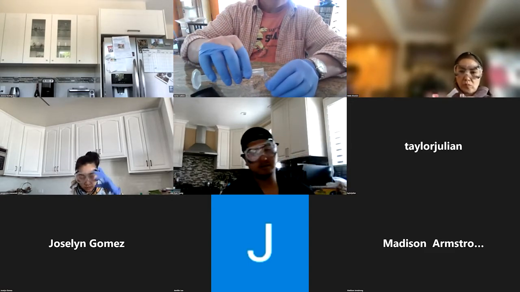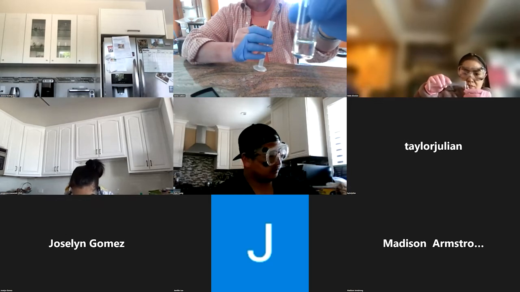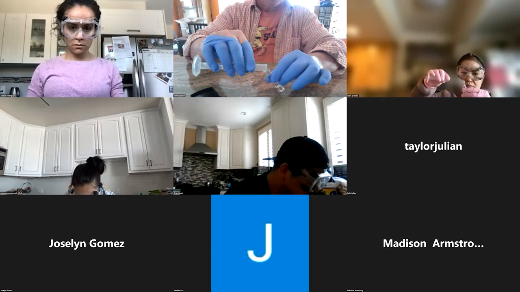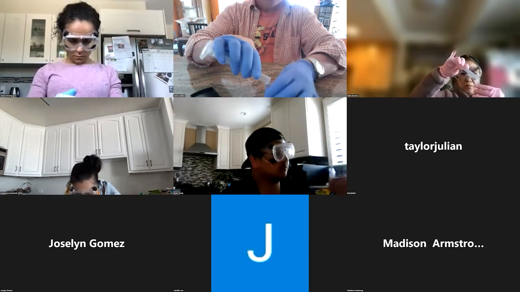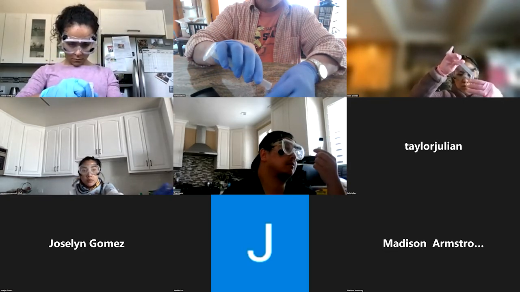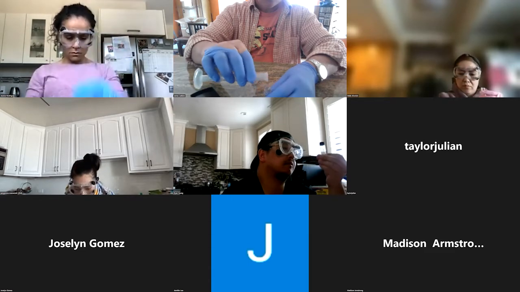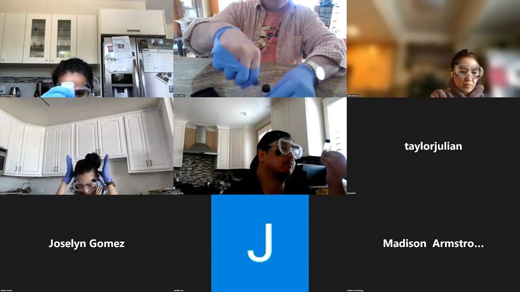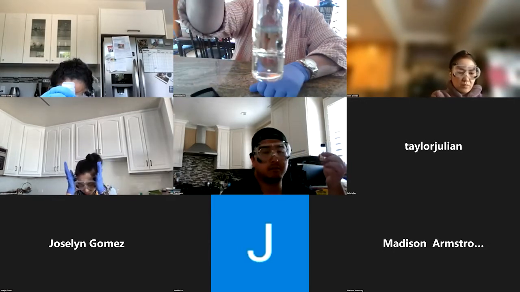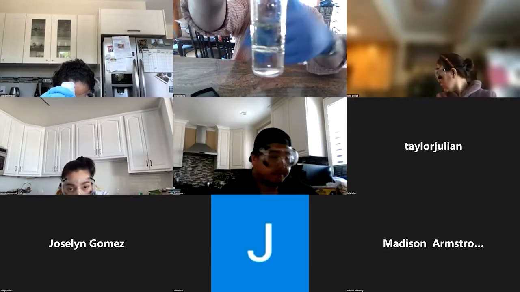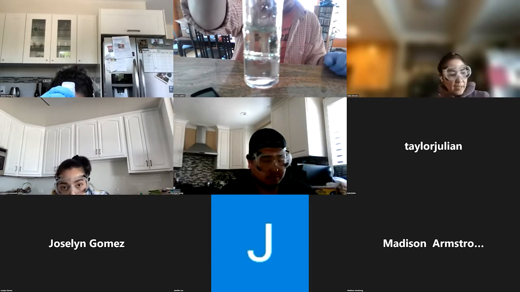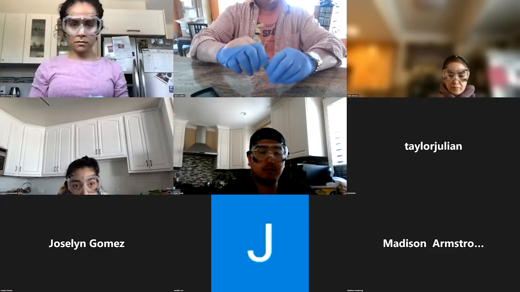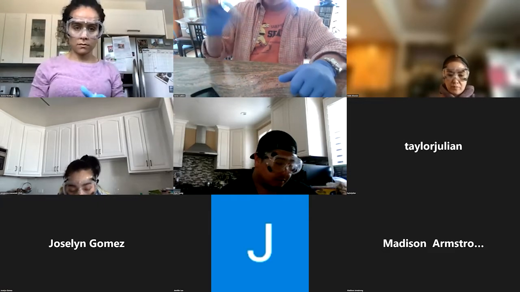And pour that in. You see the oil will be a little bit darker than the sodium hydroxide, so we'll be able to see which layer floats to the top. You can see pretty clearly that the oil is on the top and the sodium hydroxide solution is on the bottom. So seal that pretty tightly and give it a really, really good shake.